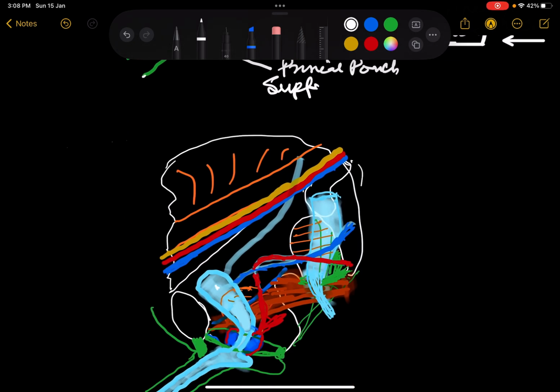So here is the bladder, and this bladder ends into a part which is enclosed by the prostate gland, and this becomes the prostatic urethra. Then it pierces the deep perineal pouch, and this is called the membranous urethra, and it ends into a perineal urethra which initially goes up in the perineum and then into the penis.